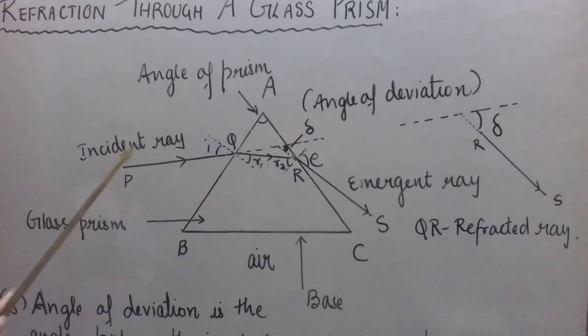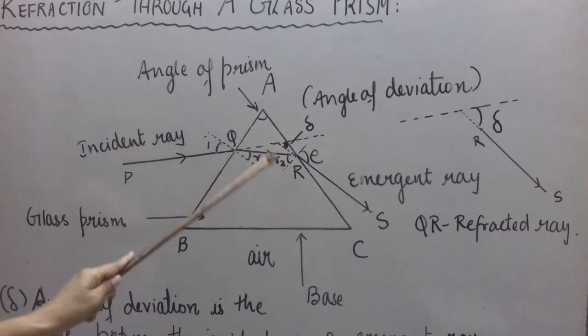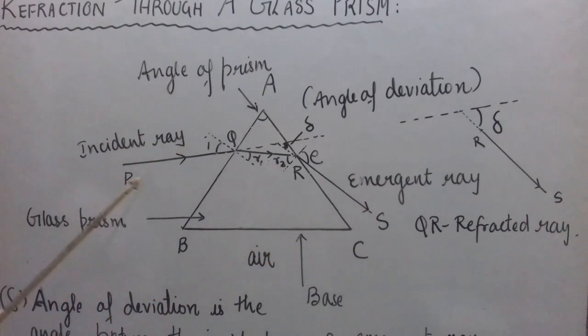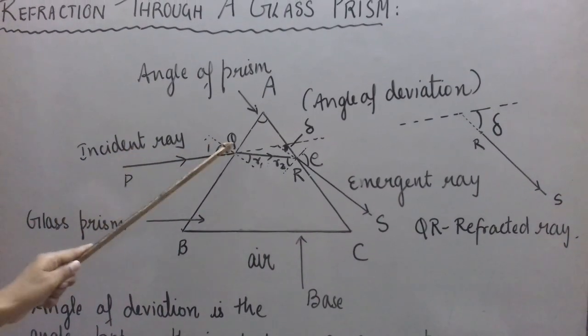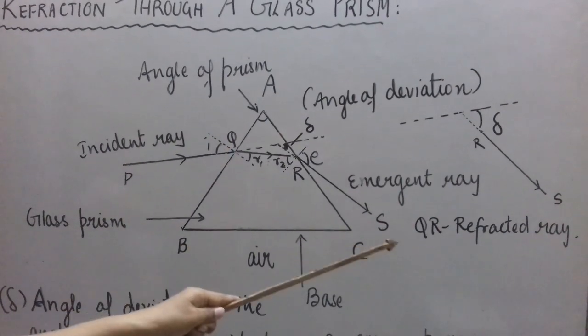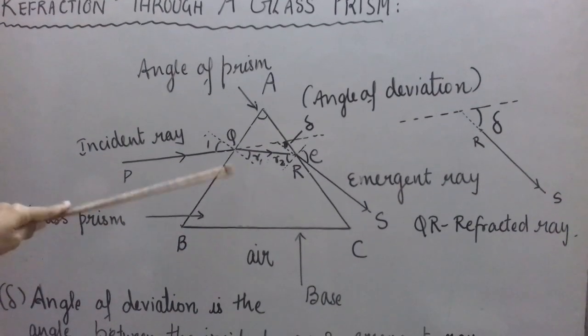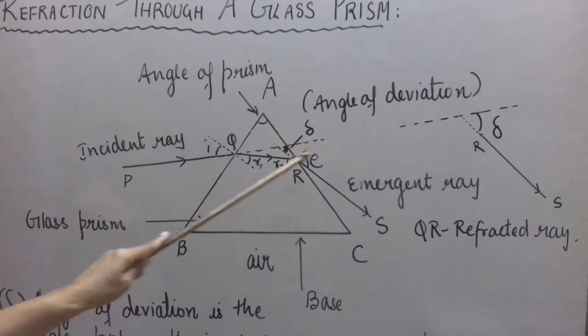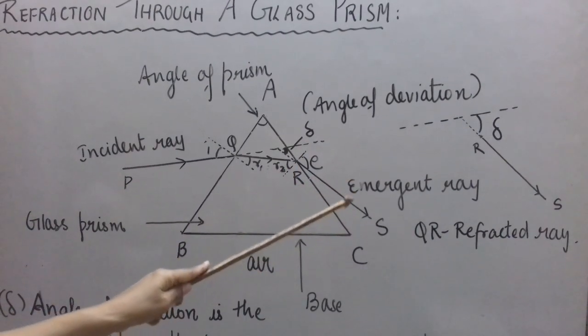I have chosen similar names as I have chosen in slab: PQ, QR, RS. But again like slab, I will call this ray my incident ray and this QR my refracted ray. I have not written it here because otherwise it would have been a hodgepodge. So QR is my refracted ray and this RS is my emergent ray.